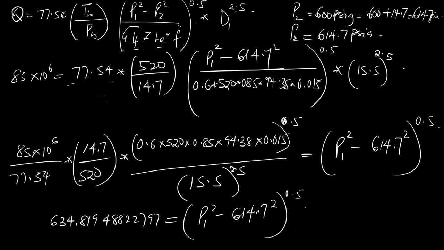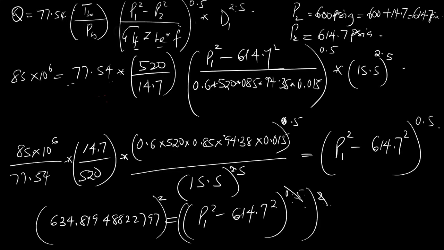If we square both sides, this 0.5 will go out. Because this 2 multiplying this power will give you 1, it's only this that will be squared now. So we square it.